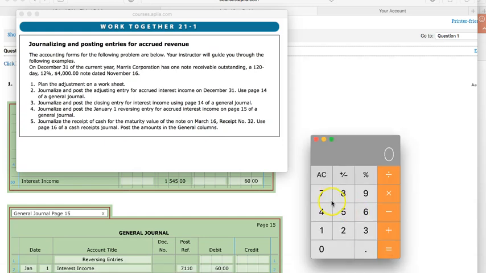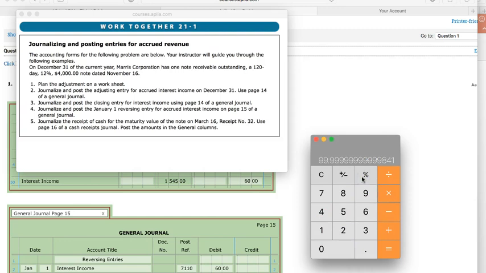We've got 31 days in January, 28 days in February, and then 16 days in March. So we have 75 days. We're going to divide this by 360 and then multiply that times 4,000 and then multiply that times 12%.